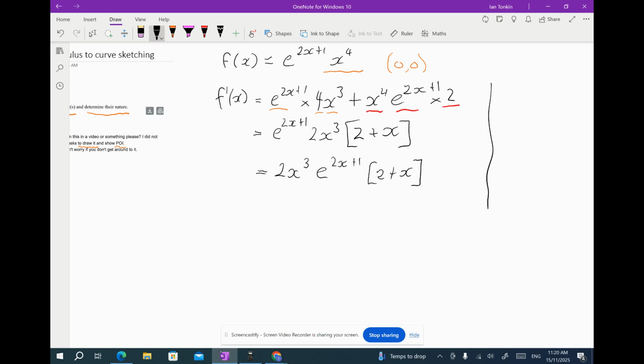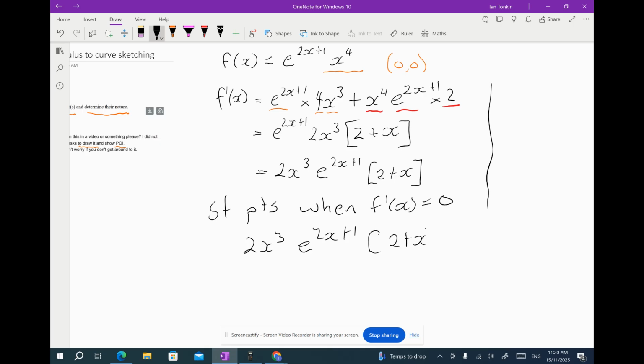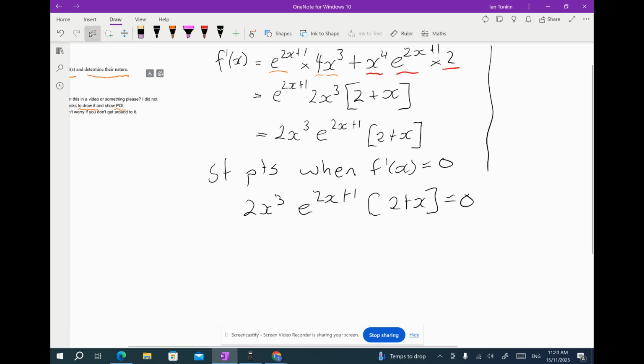So let's just find stationary points when f dash x equals 0. Well, that's 2x cubed e to the 2x plus 1, times 2 plus x, equals 0. Well, we know that the exponential can't equal 0.